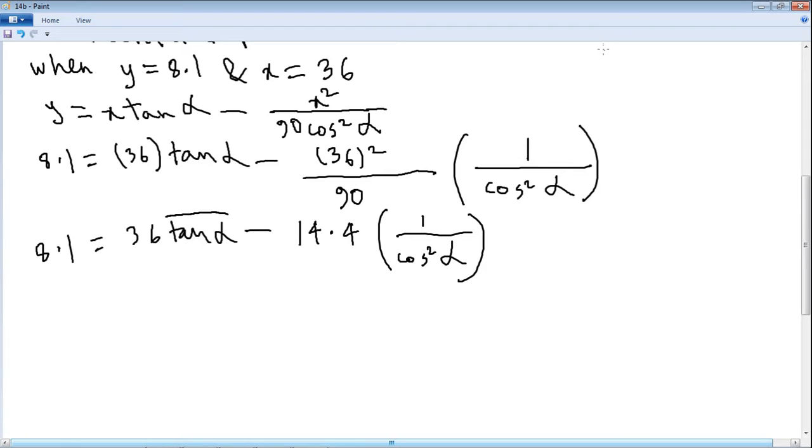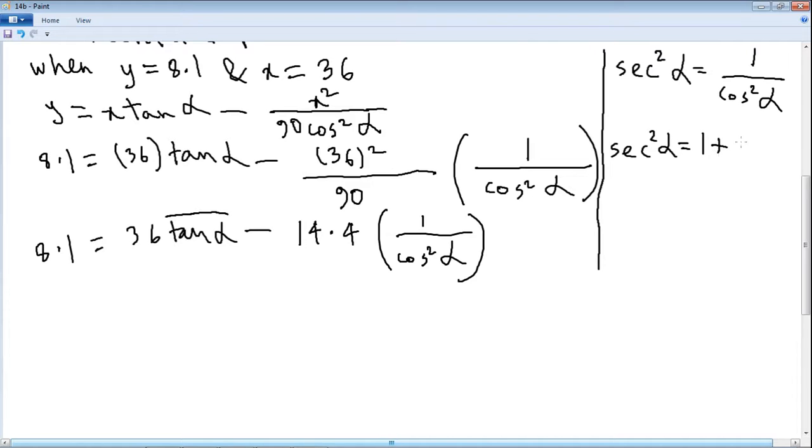For that we need to recall some trigonometrical identities. Sec squared alpha is equivalent to 1 by cos squared alpha. There is another trigonometrical identity that you have come across, that is sec squared alpha equals 1 plus tan squared alpha. So we're going to put this in here to find tan alpha.